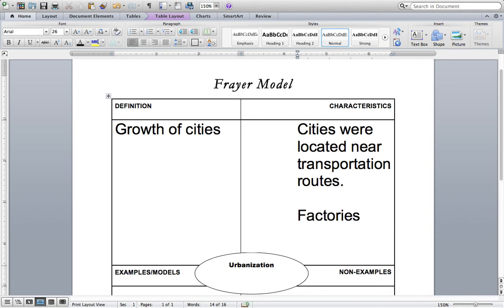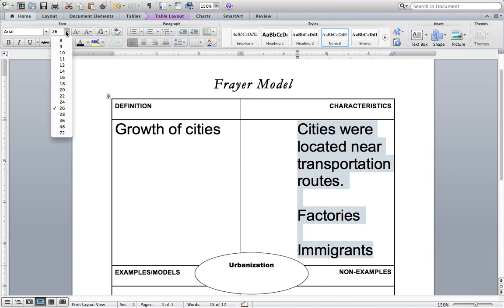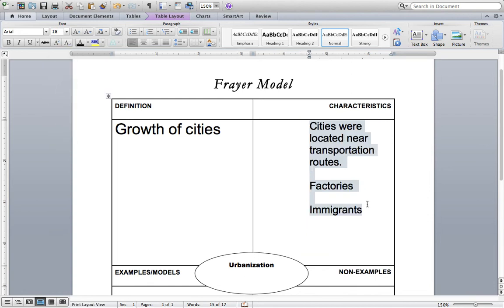Most immigrants, when they moved to the United States, they worked in factories. Let's make our font a little smaller here. Ran out of room a little bit there. Population was high. And there were a lot of big buildings. Okay, so those are some characteristics of urbanization.